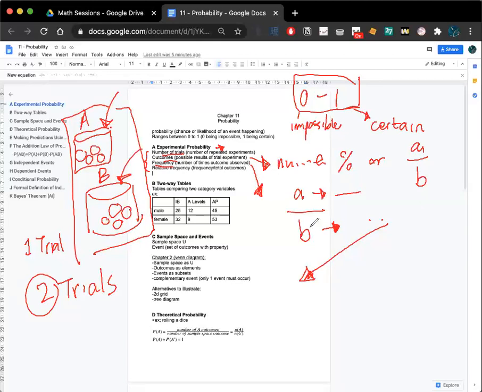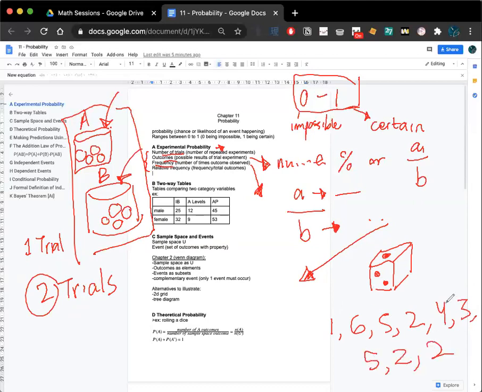So for example, you have someone roll a 6-sided die for you, and the person rolled some of these numbers. After rolling it several times, they get this data.